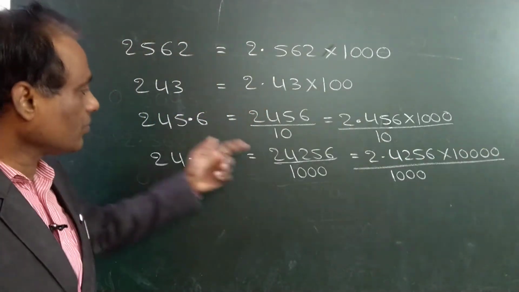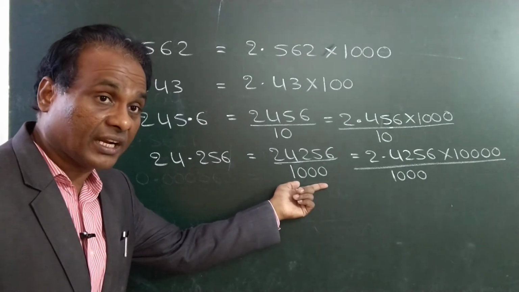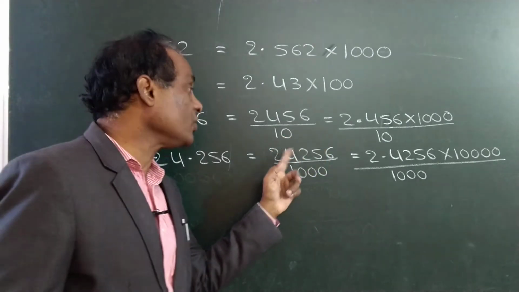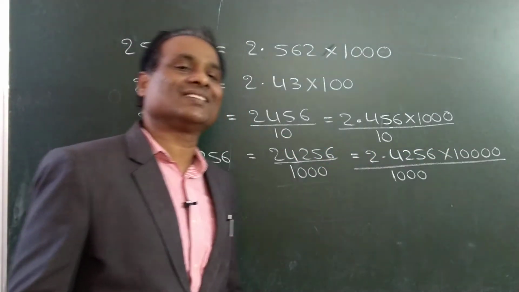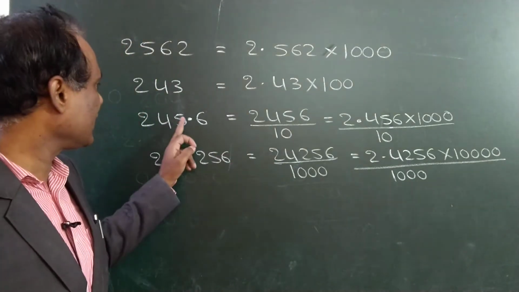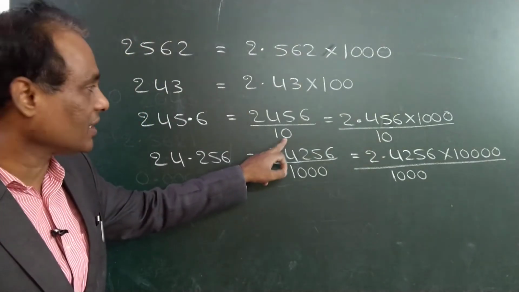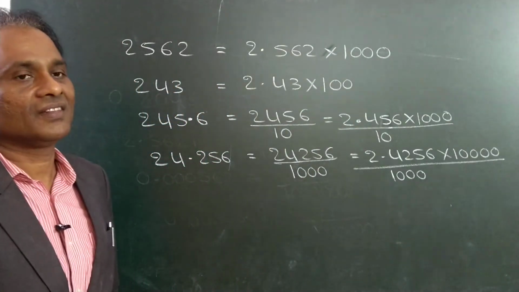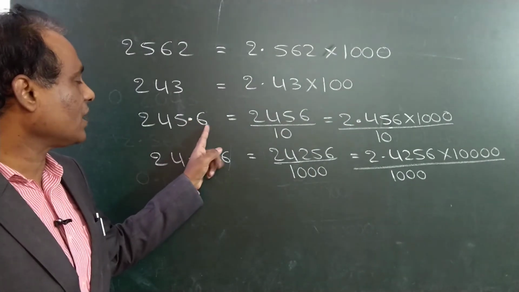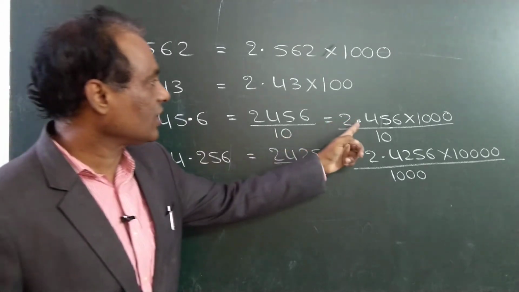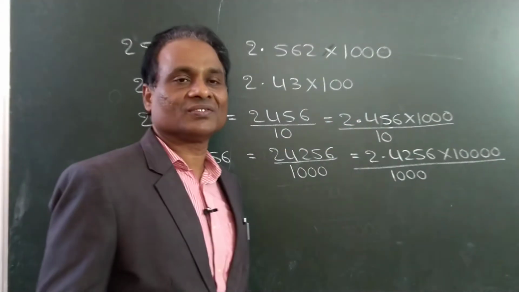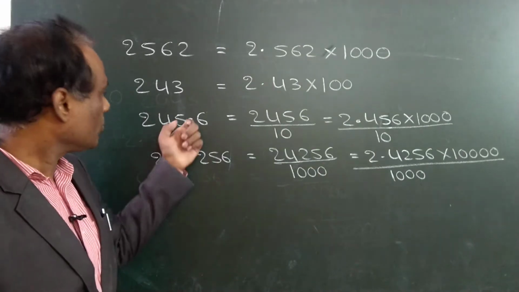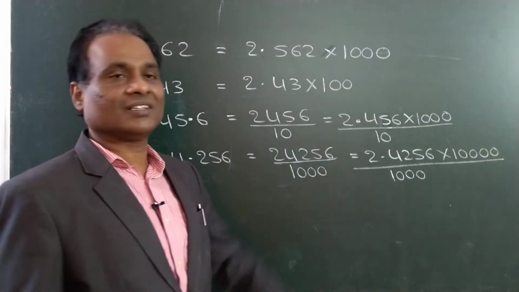So when removing the decimal, we get zeros in the denominator. If you are keeping the decimal, you get zeros in the numerator. Same concept. After the decimal 1 digit means 1 zero, after 3 digits means 3 zeros. So how to remove the decimal? How to keep the decimal?